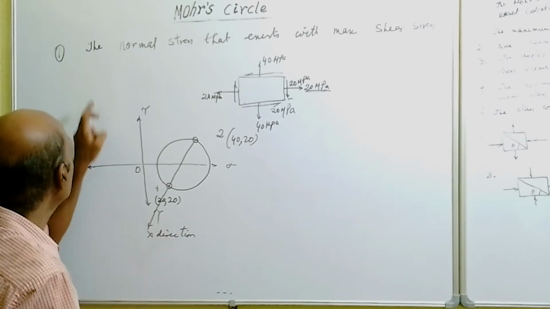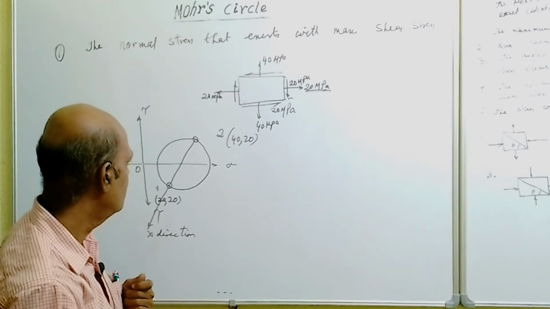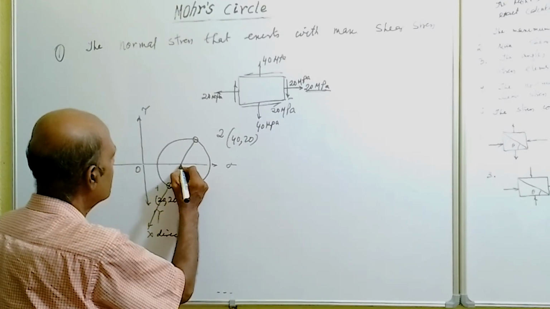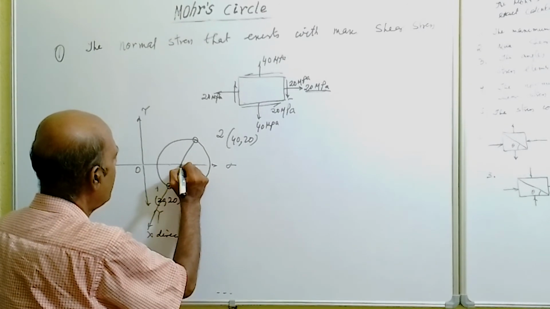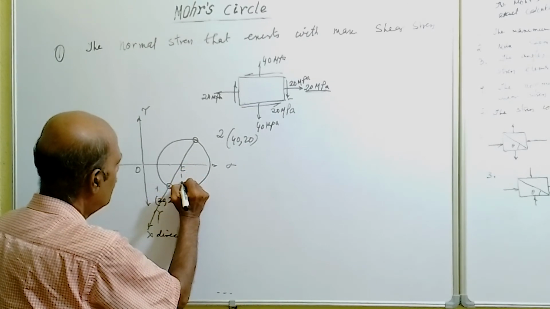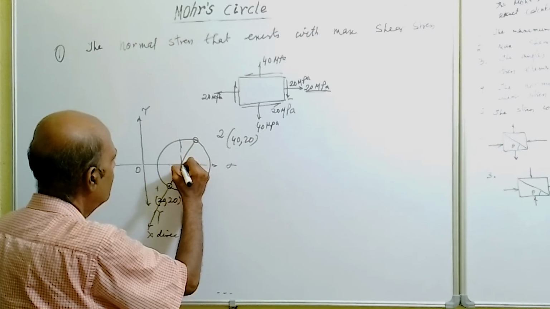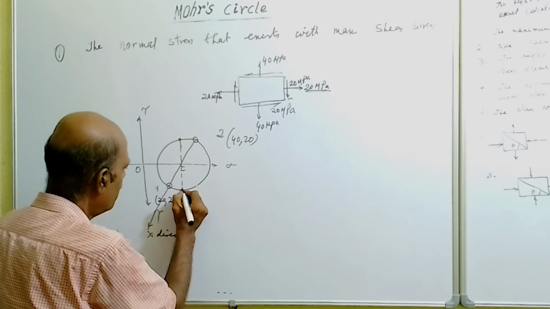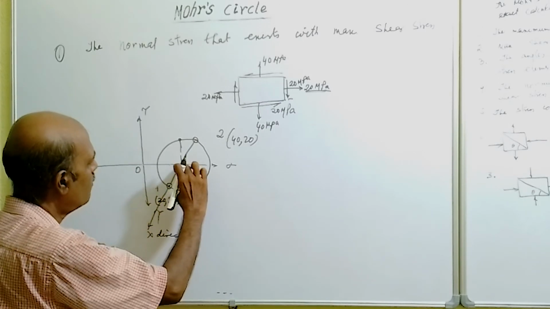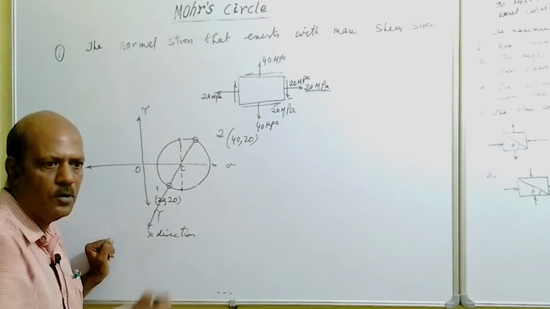Now, what are we going to find? The normal stress that exists with the maximum shear stress. Okay, when will we get the maximum shear stress? Just above or below the center of the Mohr circle. So, if we draw a vertical line through this point C, this point and this point will give us the maximum shear stress, and the magnitude of maximum shear stress is equal to the radius of the Mohr circle.